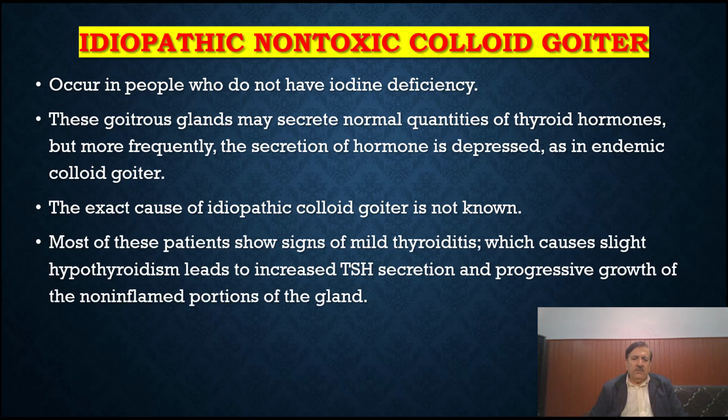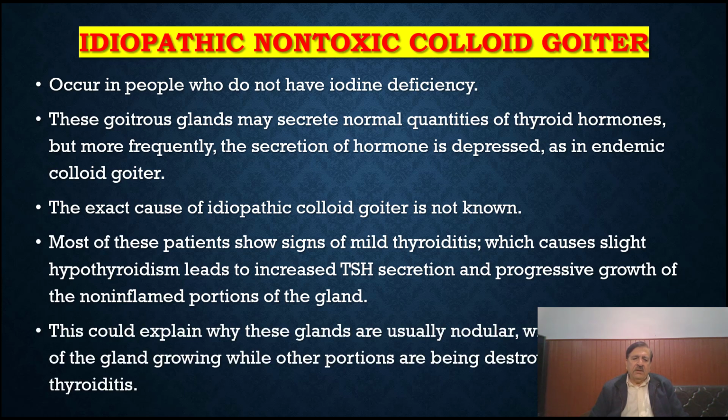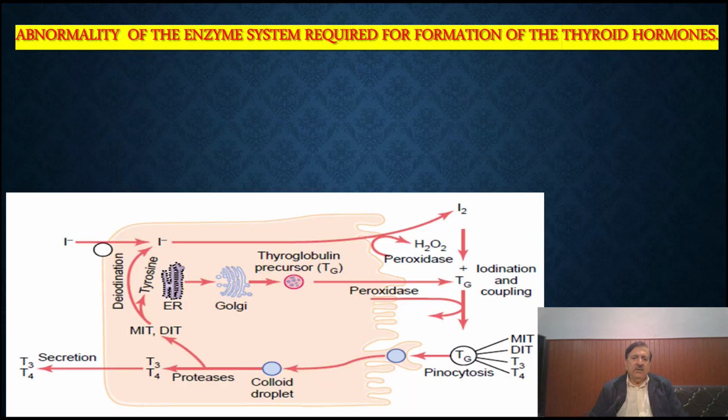Most of these patients show signs of mild thyroiditis which causes slight hypothyroidism, leading to increased thyroid stimulating hormone secretion and progressive growth of the non-inflamed portion of the gland. This could explain why these glands are usually nodular, with some portions of the gland growing while other portions are being destroyed by the thyroiditis.